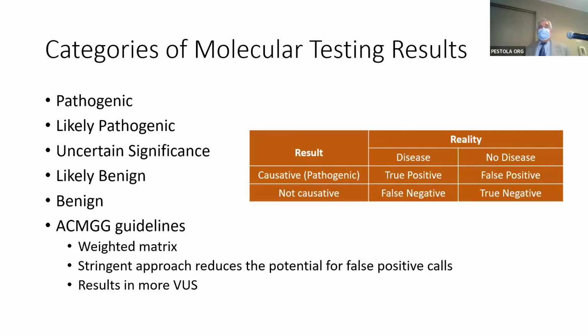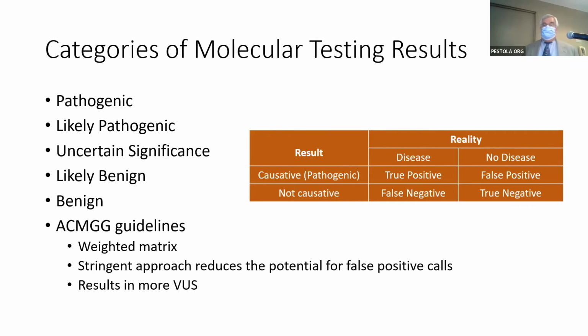So you can get pathogenic, yeah, that's disease causing. Likely pathogenic, just as it sounds, probably causing disease. Uncertain, likely benign, or benign. And these come as the terms from the ACMG guidelines, the 2015 guidelines, which are conservative guidelines. It's a weighted matrix to have the lab use all the information available to be able to give you a 1-word or 2-word response to, does this mean anything?